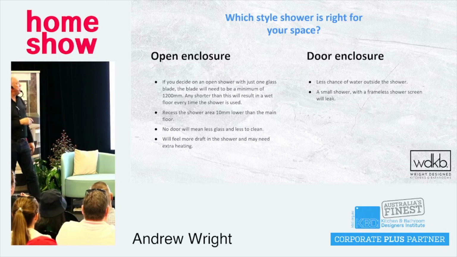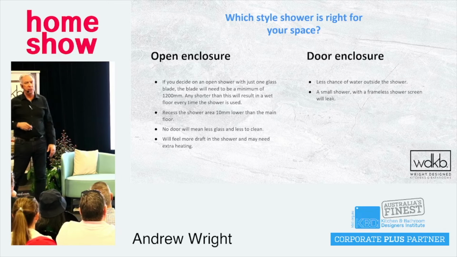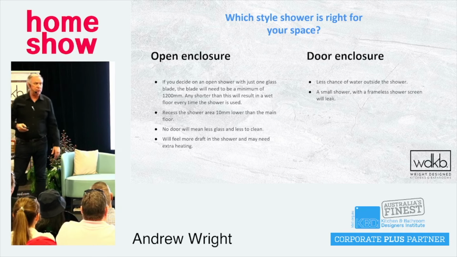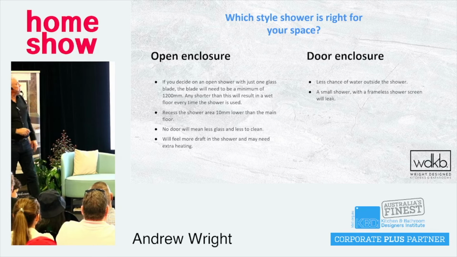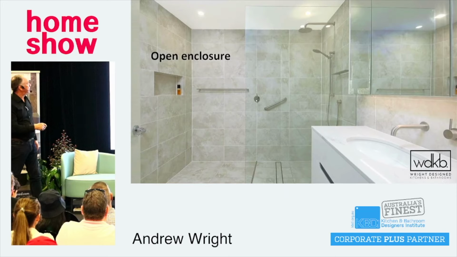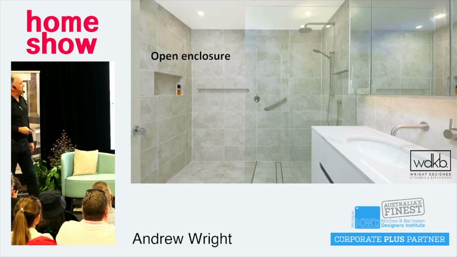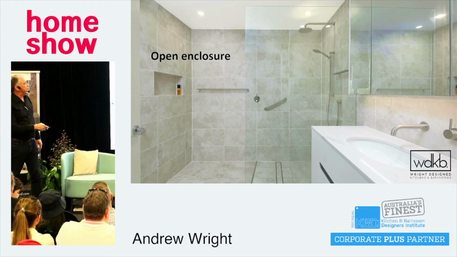Whether to have an open enclosure shower or a door enclosure shower, I'll demonstrate this best by going on to the next slide. Open enclosure shower here. You really need to have at least 1200 millimetres of shower glass space here, or if it's a wall, it needs to be 1200.